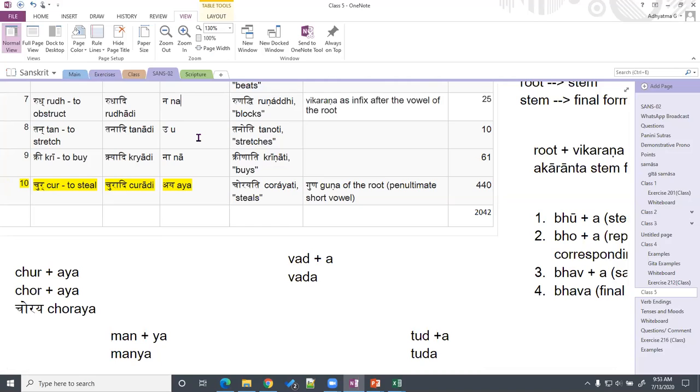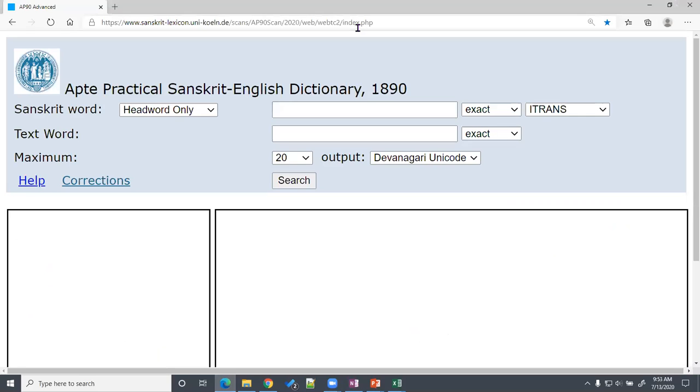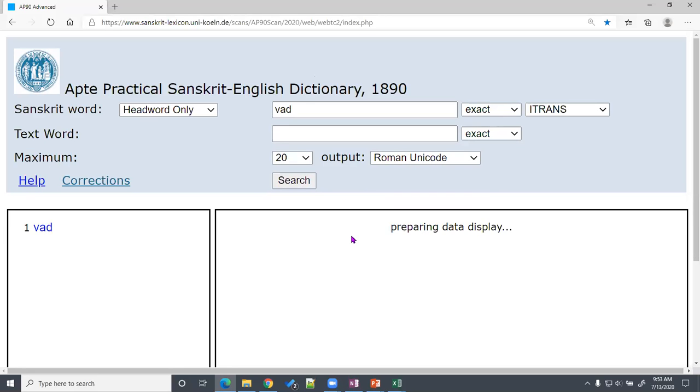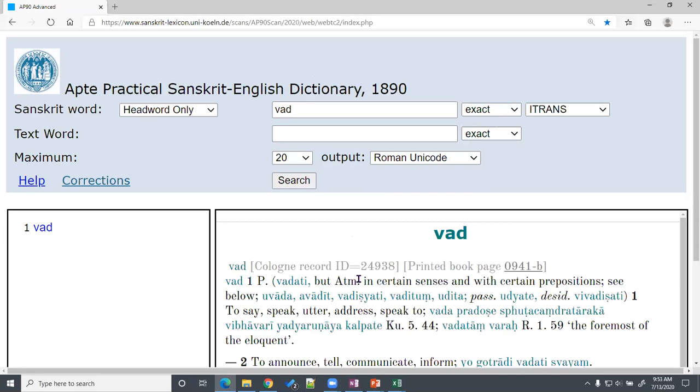Does the Dhatu Kosha list the root class? Yes, it does. How do you know which root belongs to which class? Generally, the dictionary tells you that information. This link is included in the additional links I had given in the document. For example, if I search the word vad, in Roman Unicode so everybody understands, it shows vadati, class 1 parasmaipadi.